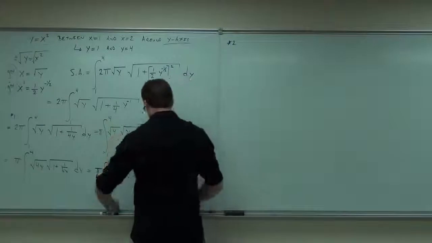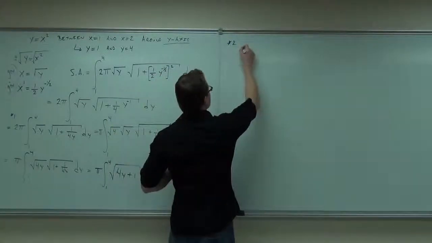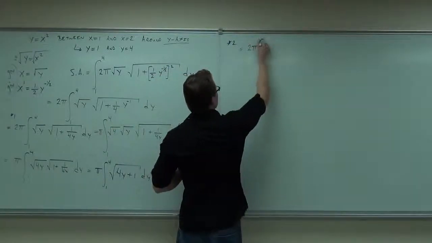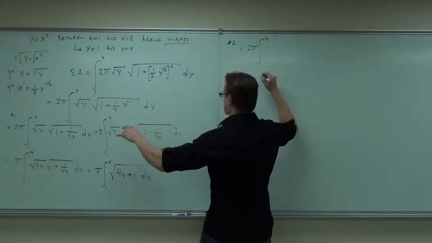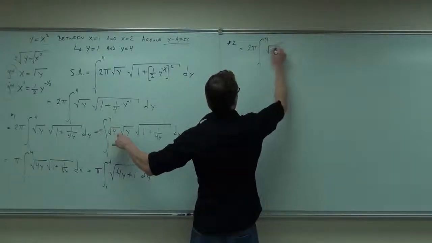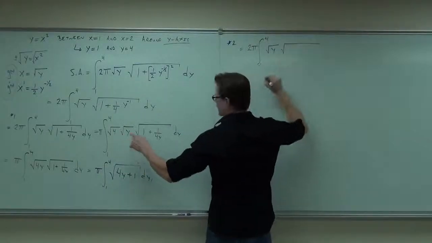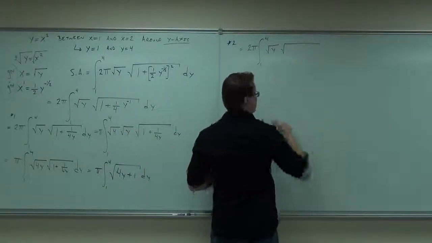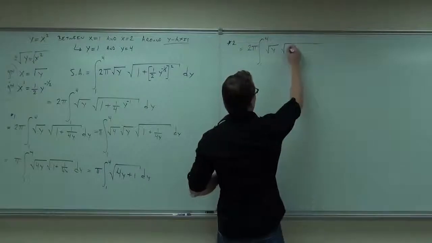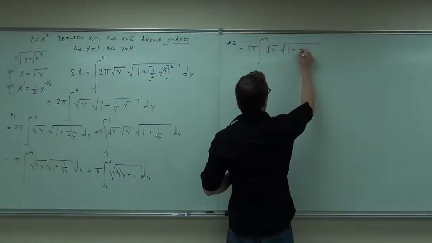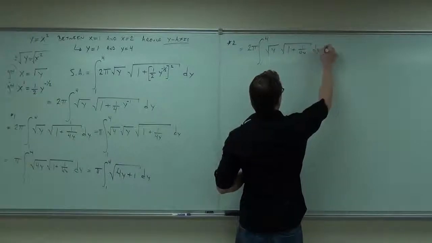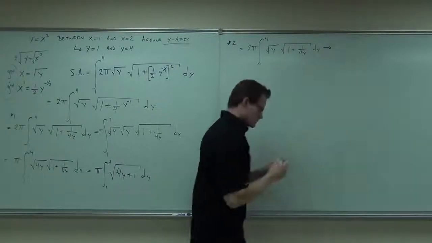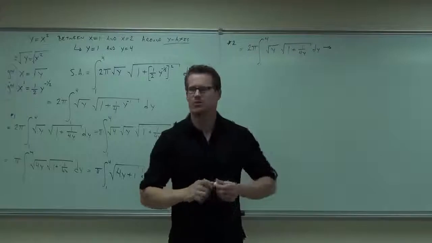So from this point, if you don't do what I just did, what you end up with is square root of y, 1 plus 1 over 4y dy.